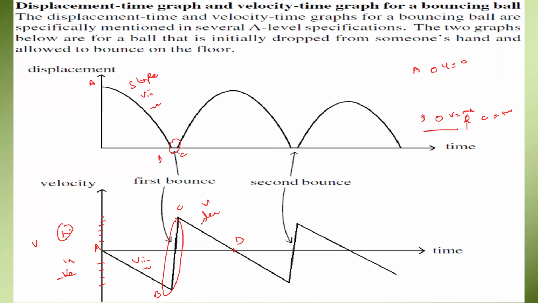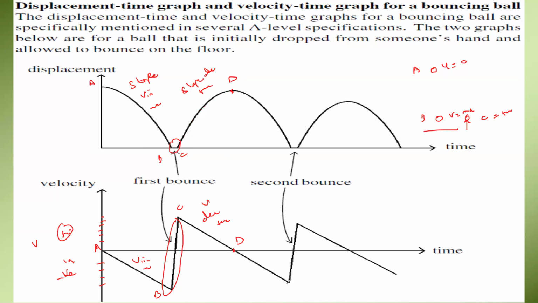We check the y-axis, so it is a positive value. So what should happen from C to D? The slope should decrease and it should have a positive value. So this shows that the slope is decreasing and it has a positive value. Is it clear from C to D? Yes.